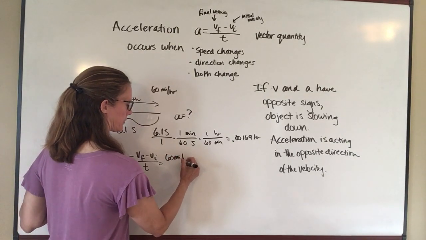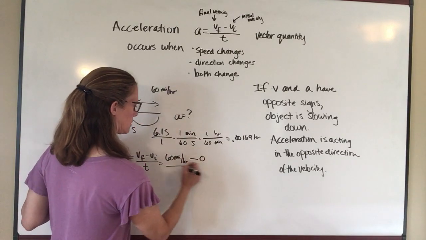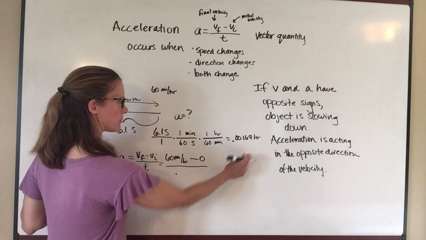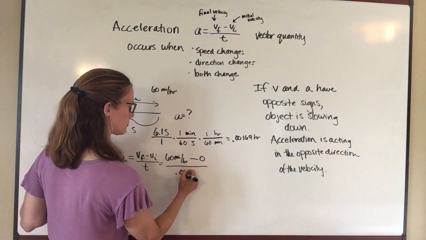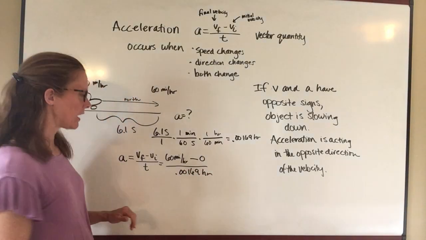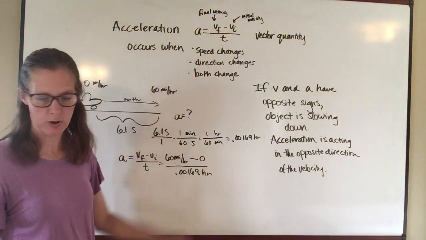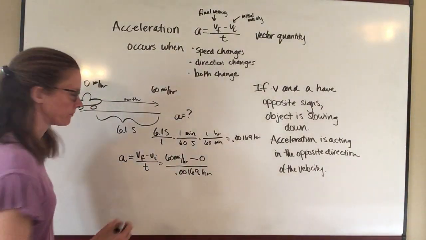That's where he ends up. I'm going to subtract his initial velocity, which is 0. And I'm going to put that over the time, which I changed to hours, 0.00169 hours. And so 60 minus 0 is 60. So take 60 divided by 0.00169.